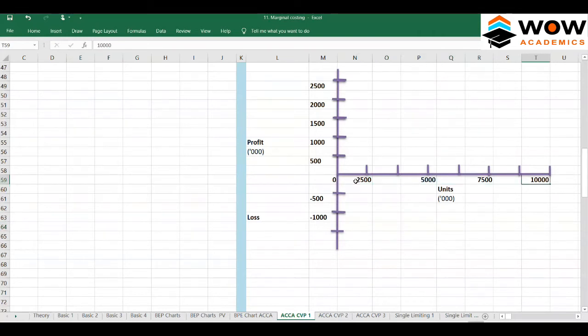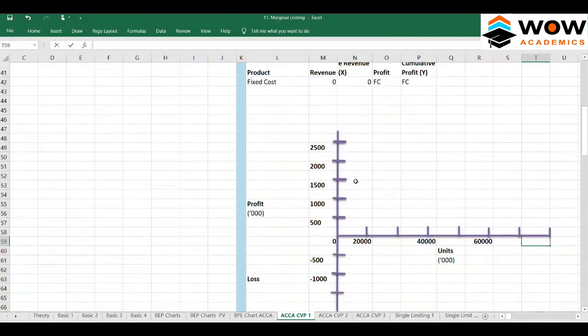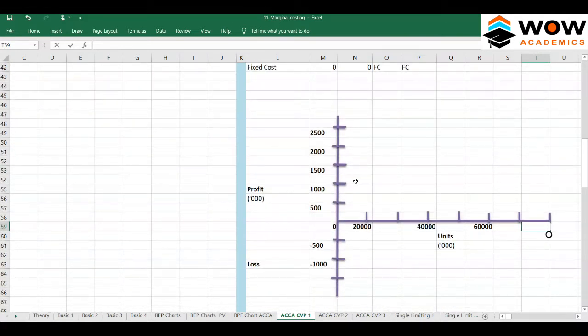I think we'll show it as 70,000 units, but scale should be 20,000, 40,000, 60,000 and 80,000. Okay, 80,000 we can show.